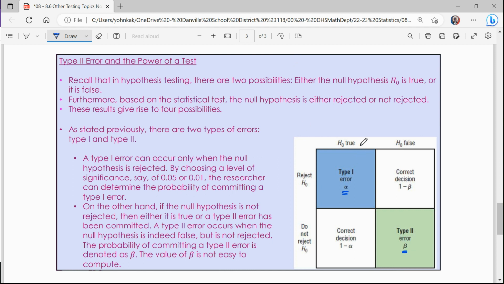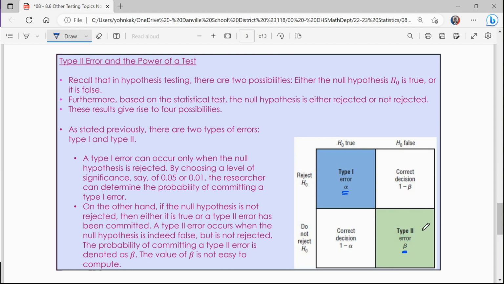So a type 1 error can occur only when the null hypothesis is rejected. By choosing a level of significance, say, of 0.05 or 0.01, the researcher can determine the probability of committing a type 1 error. So type 1 errors go with alpha. On the other hand, if the null hypothesis is not rejected, then either it is a true statement or a type 2 error has been committed.